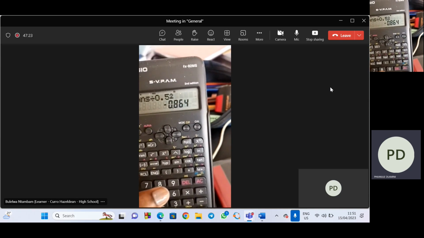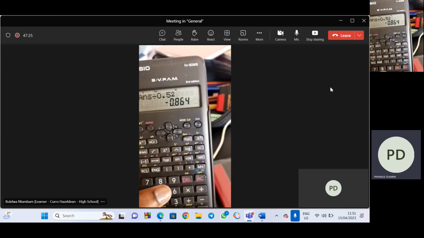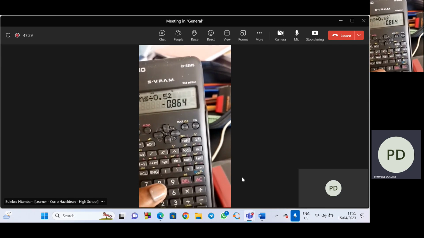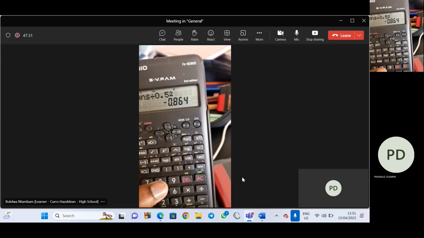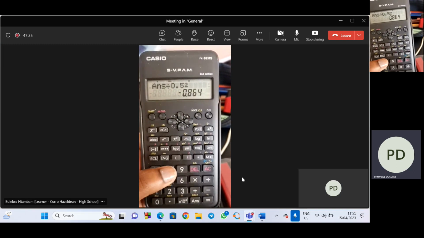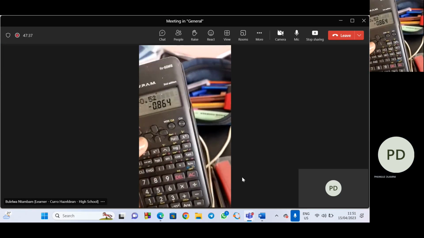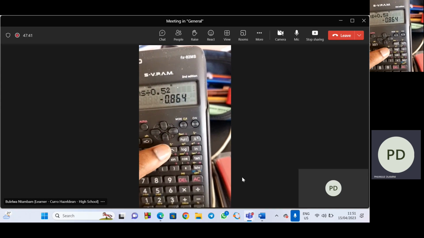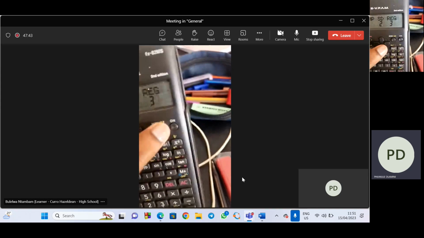If you change it to scientific, it's going to give you the answer of negative 4.32 times 10 to the power negative 4. You can also go to mode if you want to.